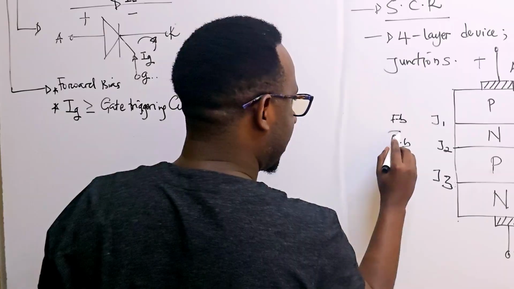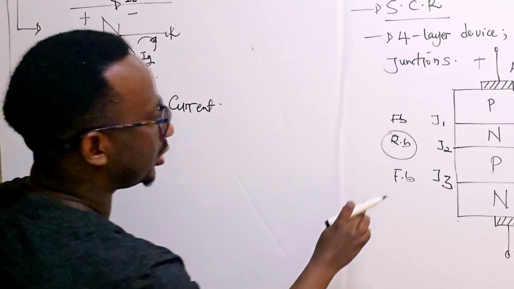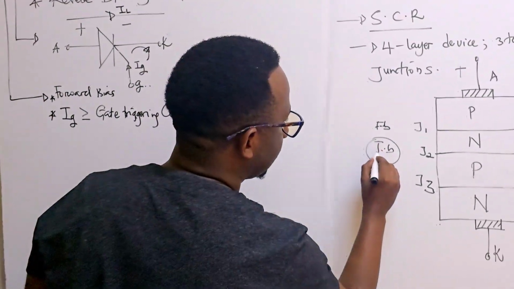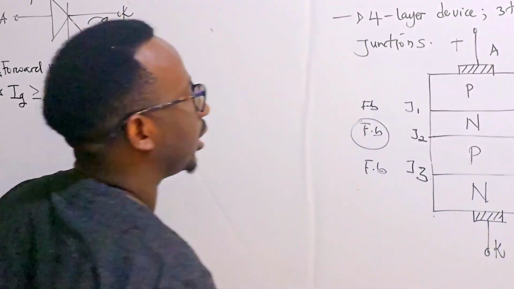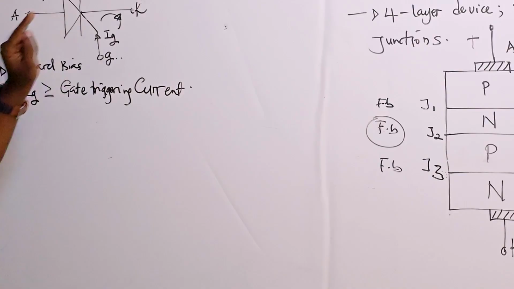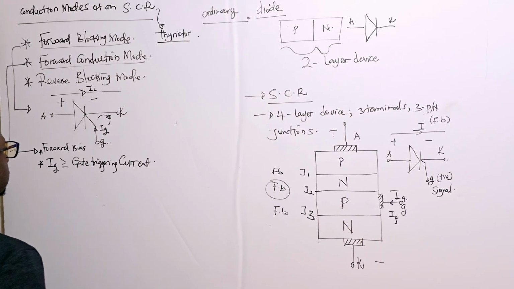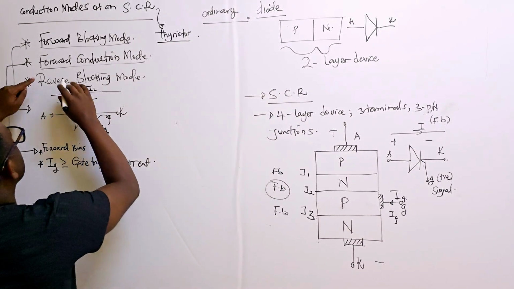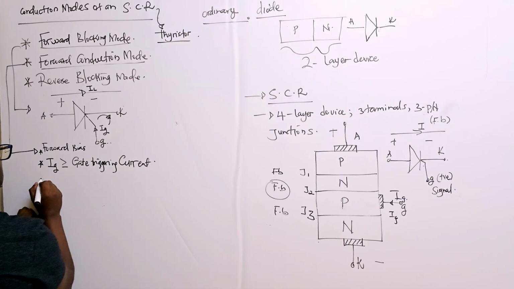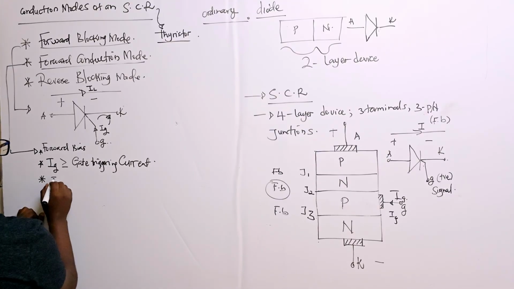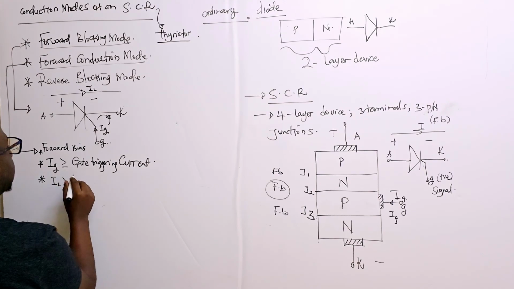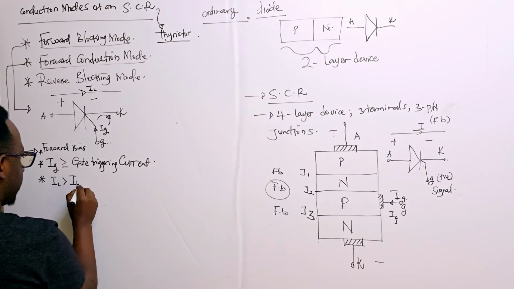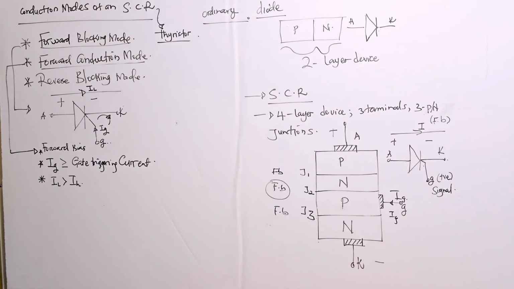We need that current just enough to change this from a reverse bias to a forward bias. The moment we have IG sufficient enough to trigger, you get the point? And the load current IL must be greater than IH, the holding current.